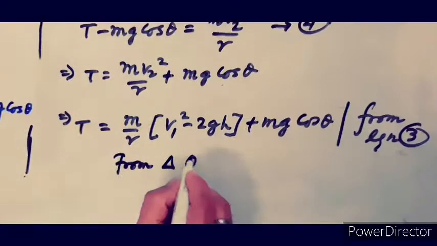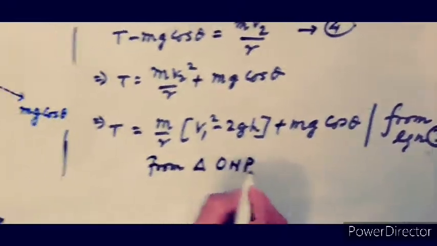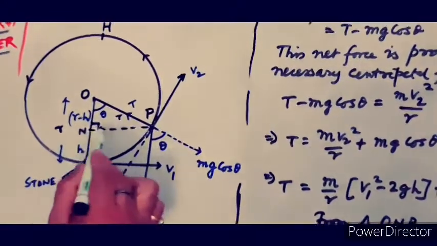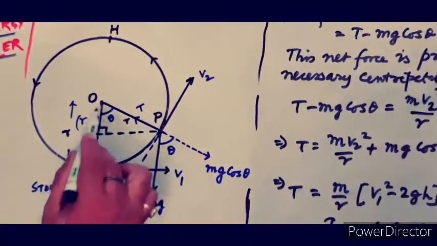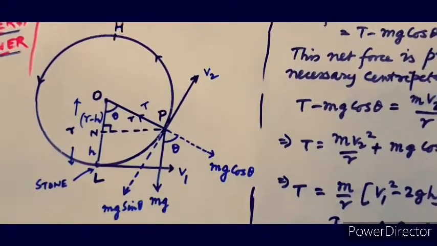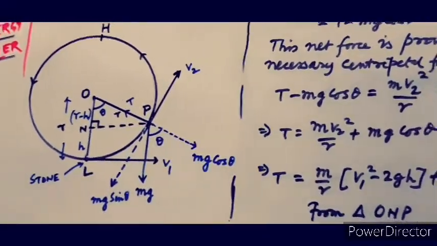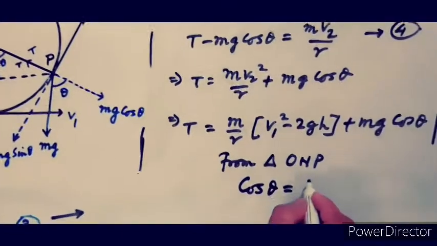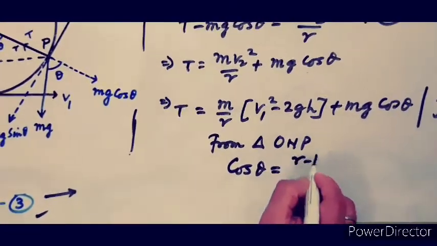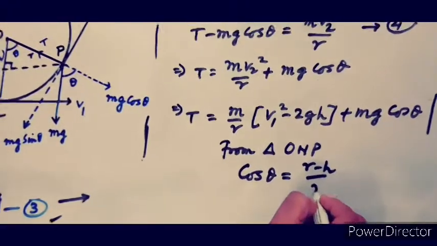In right angle triangle ONP, cos theta is equal to b by h, base by hypotenuse. The base is R minus h, and the hypotenuse is your r.